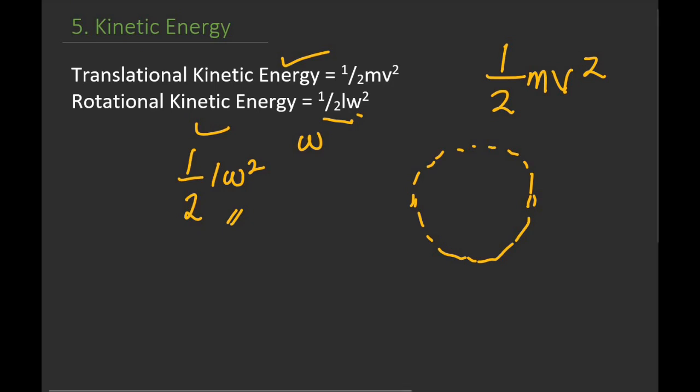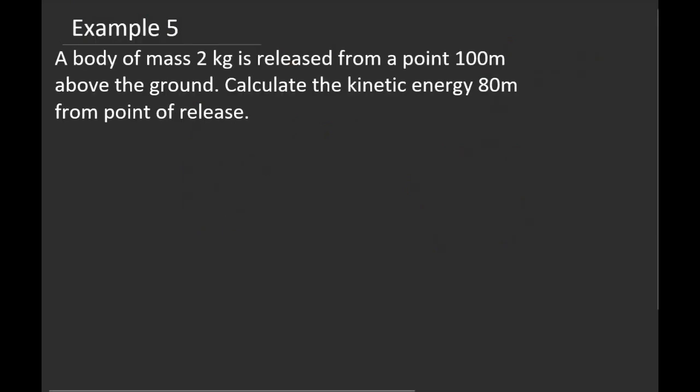Let's solve a problem on this. In this question, a body of mass 2 kg is released from a point 100 meters above the ground. Calculate the kinetic energy 80 meters from the point of release. In the question, the mass of the body, m, was given as 2 kg.